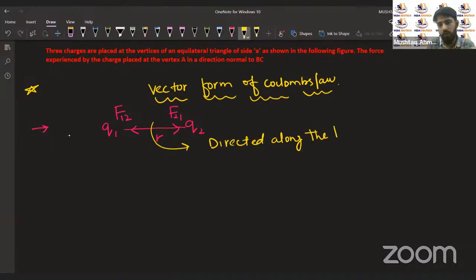This force is directed along the line joining the two charges. The force F21 is the force on 2 because of charge 1, and F12 is the force on 1 because of the charge 2. It's always directed along the line joining the two charges. So that's how the direction of force is calculated.